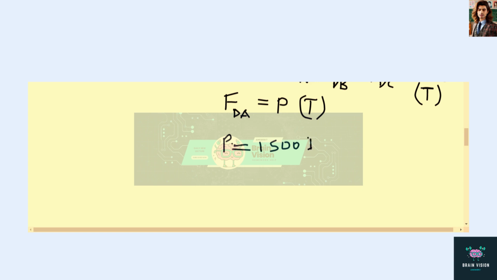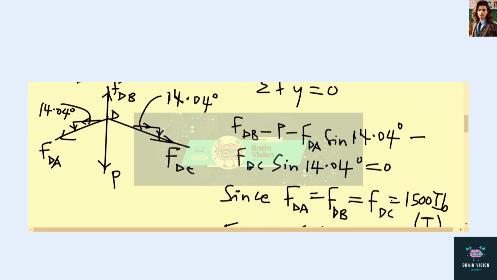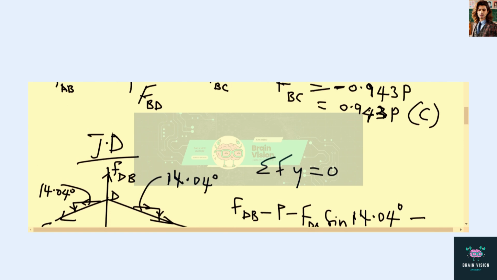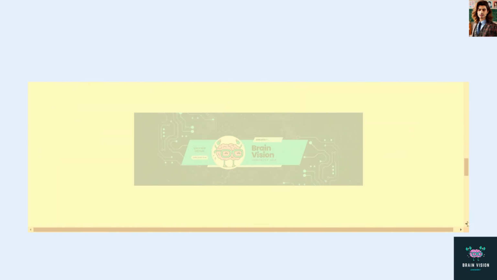Now if we decide to put this P into the other equation that we got, FBC and FBA equal to 0.943P.